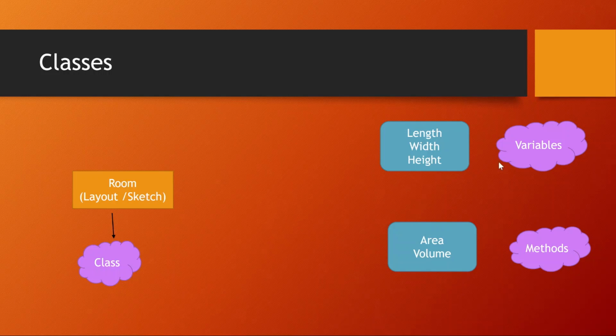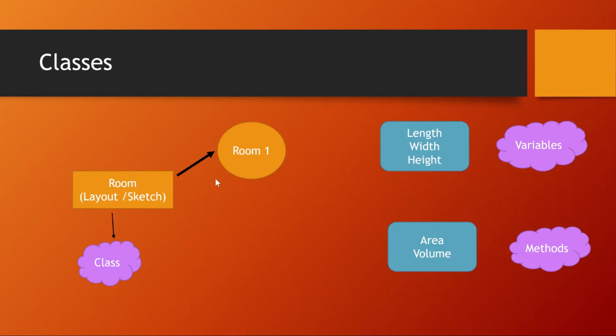To use the data, variables and functions or these methods, we need to create objects. An object is a convenient way to organize data and functions. So room 1 is now a specific object. For room 1, what is my length, what is width, what is height, what is the area, what is volume. This was the generic prototype layout and sketch.